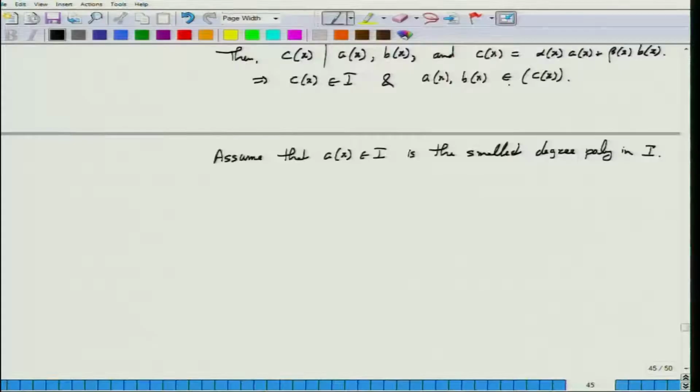Which means that B is in the ideal generated by C, and C is just a constant multiple of A. So the principal ideal of C is the same as the principal ideal of A. So B is in the principal ideal of A, and B was any arbitrary polynomial in the ideal I. So this shows I is simply the principal ideal generated by A.